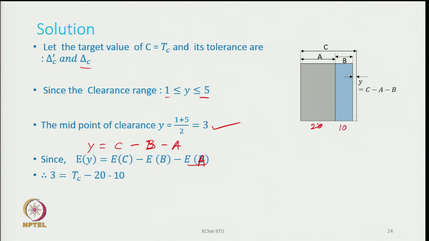So, it will be 20 minus 10, or 10 minus 20, whatever, basically minus 20 minus 10 both will come here. And therefore, the target value of C, T C, is going to be 20 plus 10 plus 3, that is 33. That is, the C target value, or nominal value, has to be 33. The units are the same, centimeter.